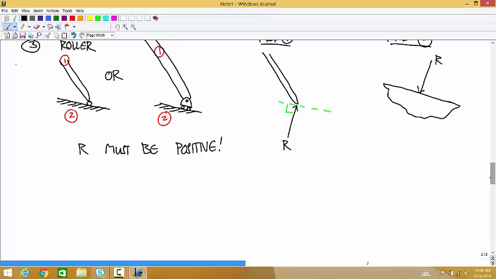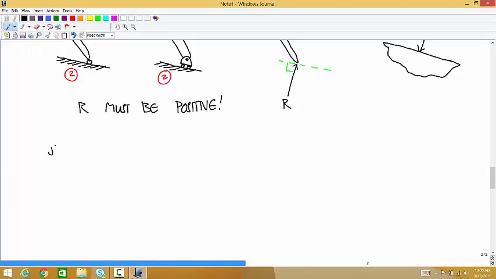Any other questions about that set of joints? All right, so now joint category 2. All of the joints in this category introduce two variables into the free body diagram.